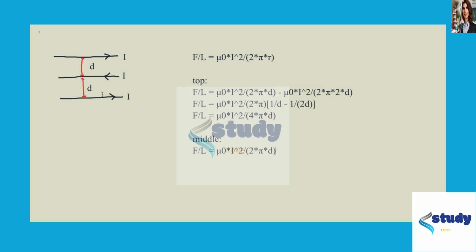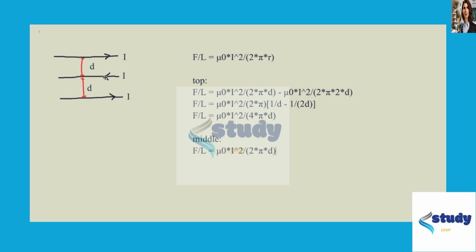Now, if we think about the force per unit length coming from the bottom wire, we have the same magnitude because it's separated by the same distance. And again, these two currents are in opposite directions, so they're going to repel as well. So the bottom wire is going to exert a force on the middle wire that's upwards.